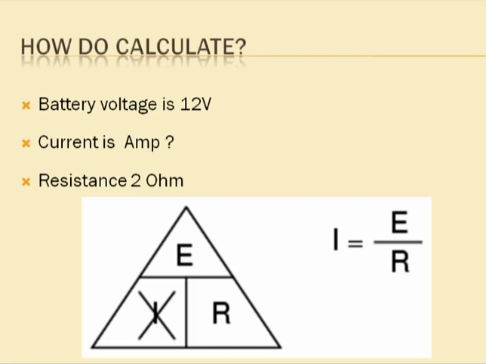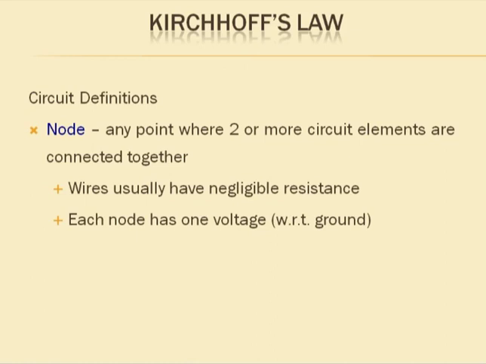Ohm's law was named in memory of its inventor, Ohm, who was a scientist. Similarly, Kirchhoff's laws are also named after a scientist. Before applying Kirchhoff's laws, we must know some basic terminology that we are using for the circuit.